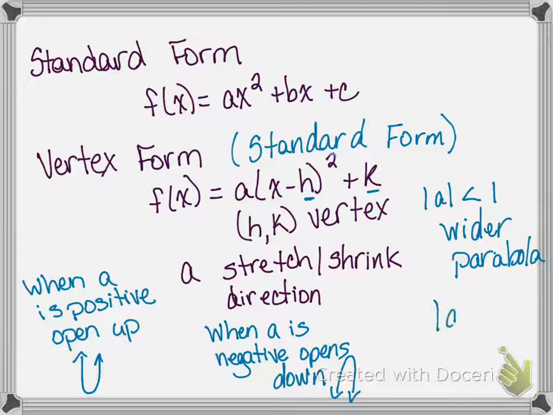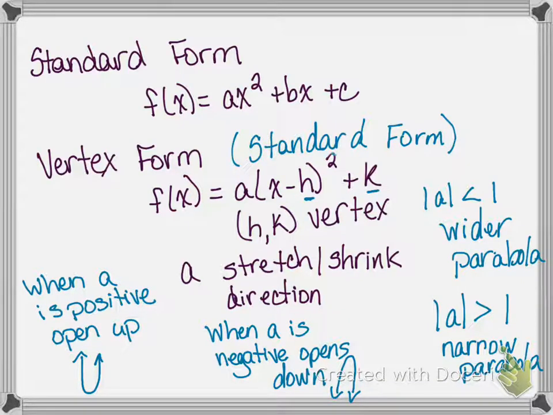So when my absolute value of A, and that just means it can be positive 4 or negative 4, okay, is greater than 1, you have a narrow parabola, and it's being pushed together, okay? So think about your fractions. If you've got a fraction it's going to be pulled apart. If you've got something greater than 1 or less than -1, it's going to be pushed together.